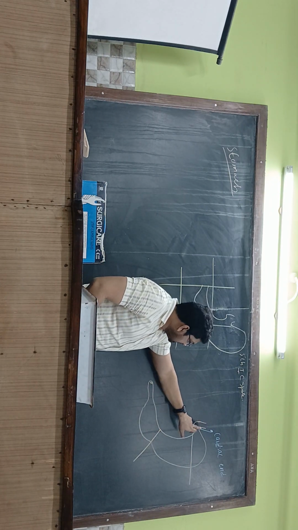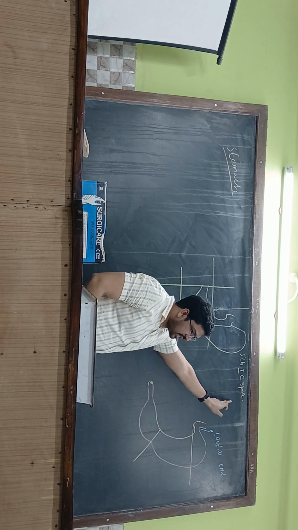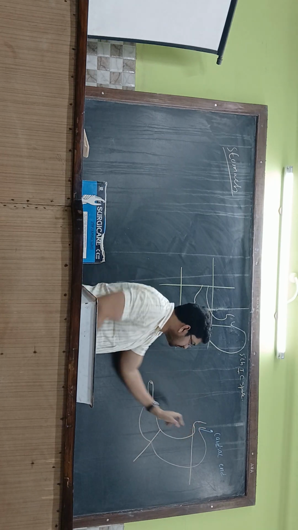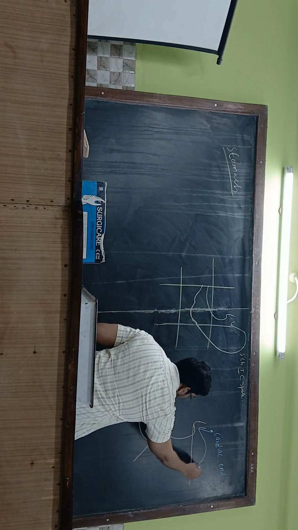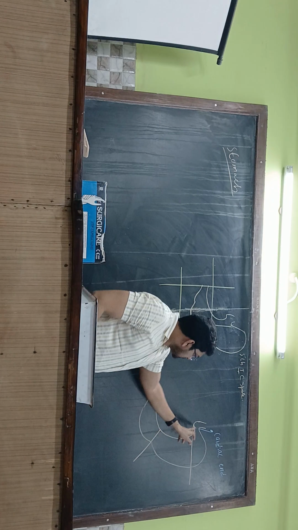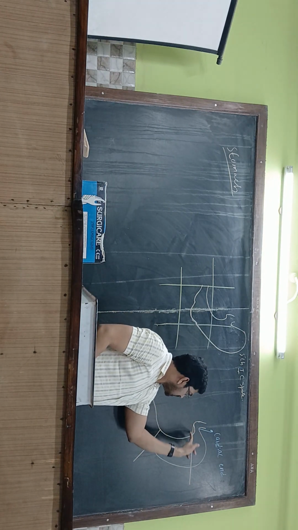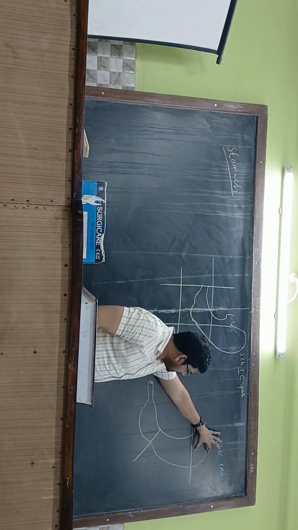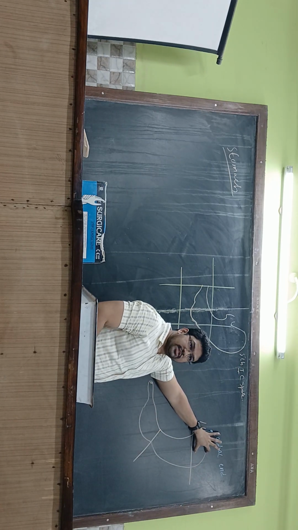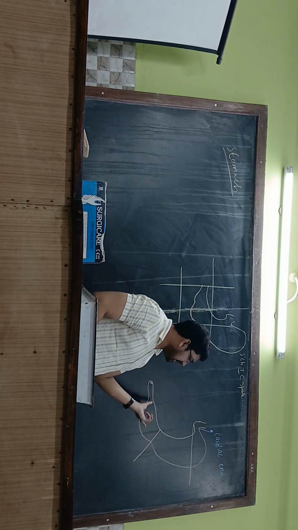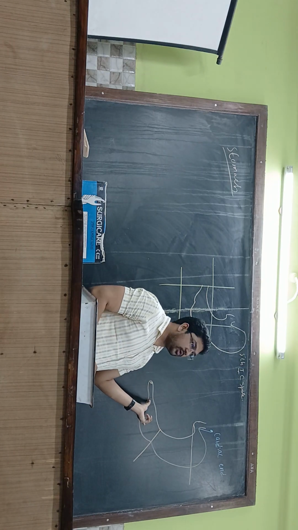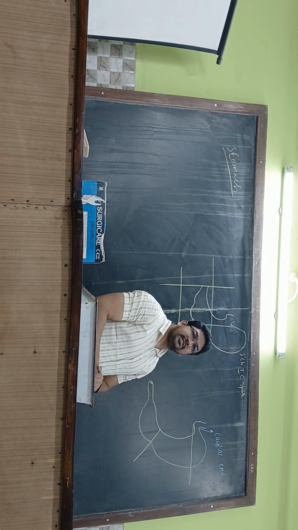And this is the cardiac end of the stomach, towards the heart. From this part it reaches the fundus. Whenever you draw a line horizontally from the cardiac end across the stomach, that gives rise to the fundus of the stomach. Fundus, body and pylorus are the three parts of the stomach.